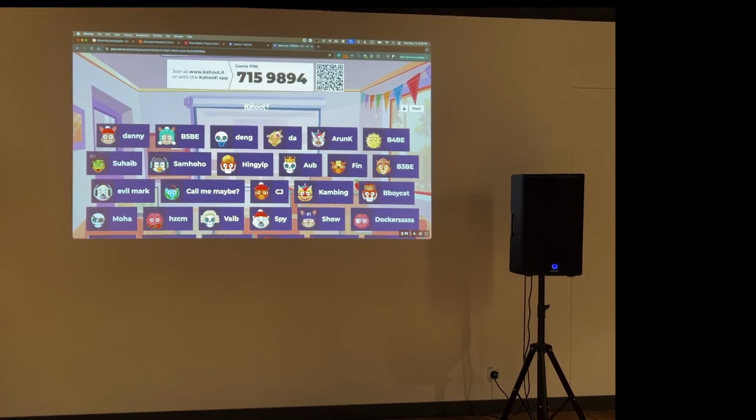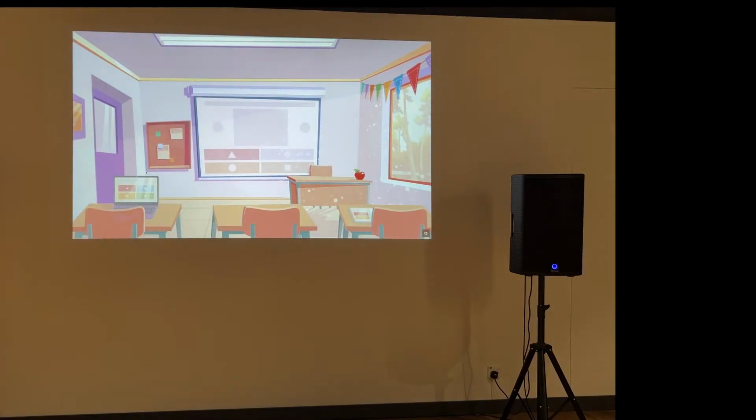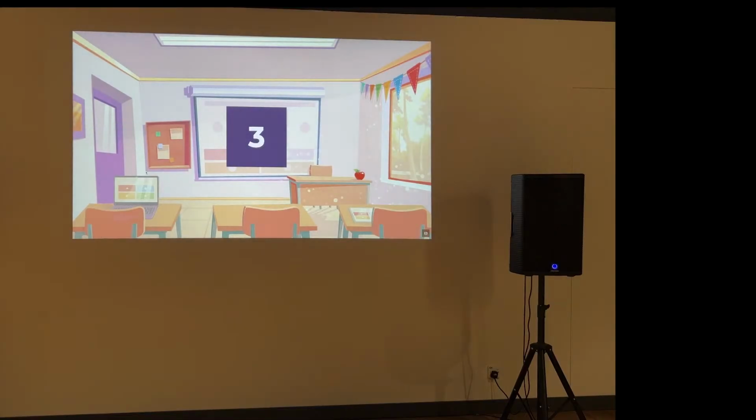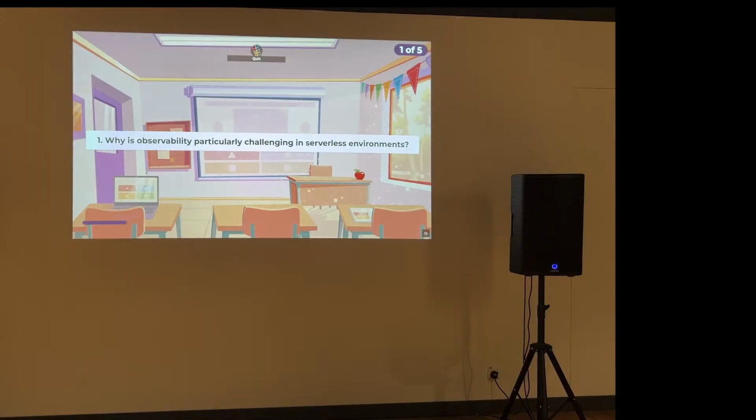Okay, so we will start. 3, 2, 1. Why is observability particularly challenging in serverless environments?